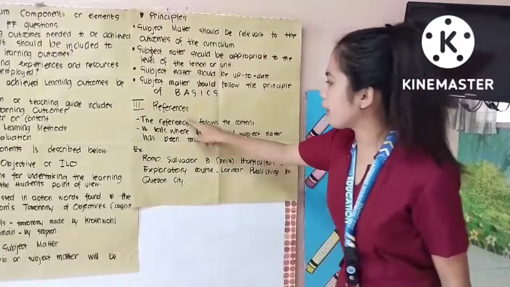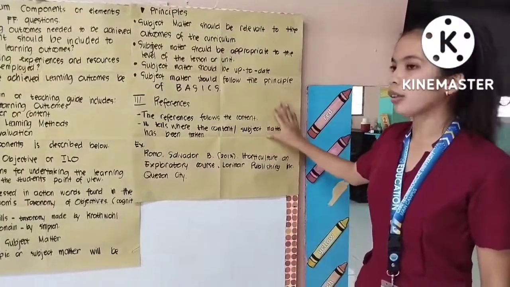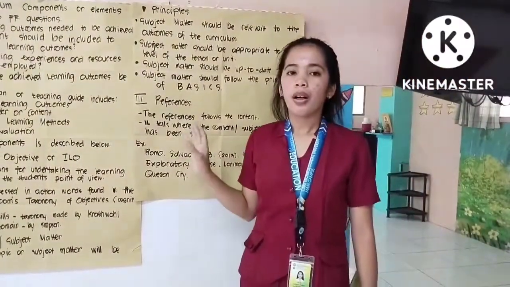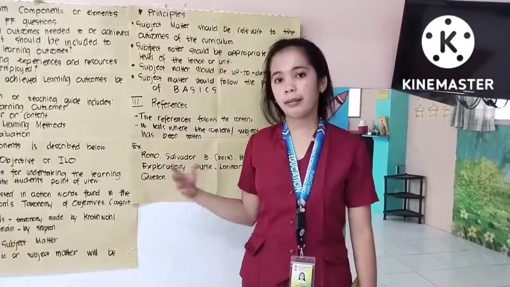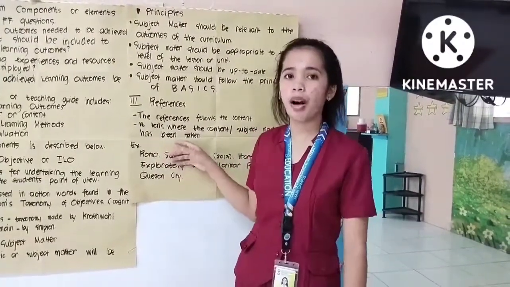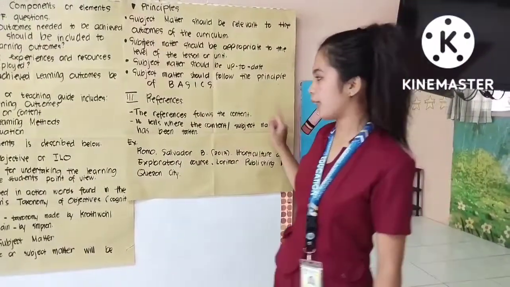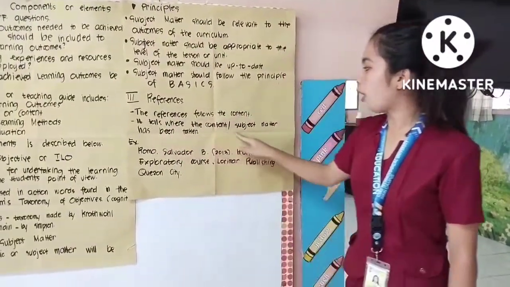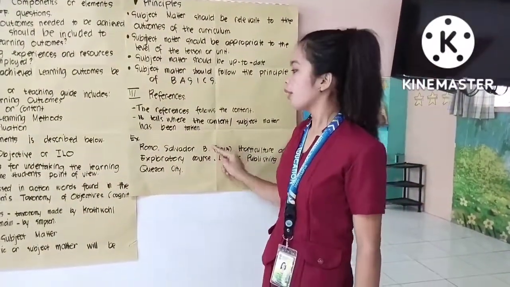The last one here is the references. These references follow the content. It is where your sources came from, or where you got your content. You should cite the references to avoid plagiarism. It tells where the subject matter content has been taken from.